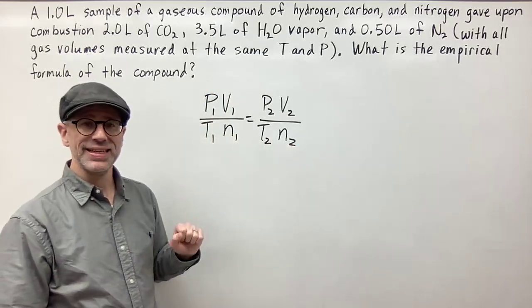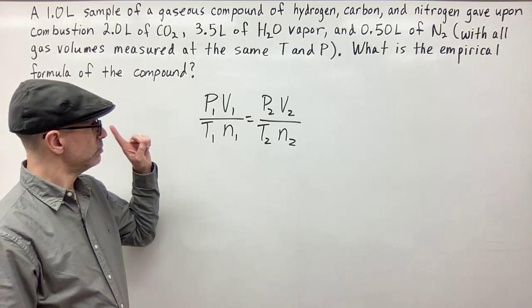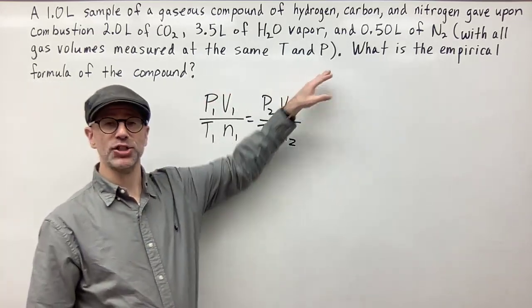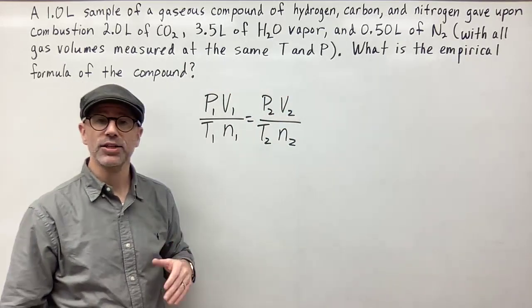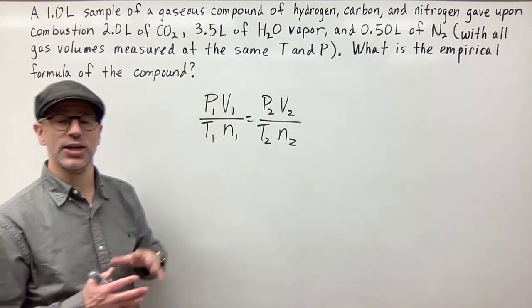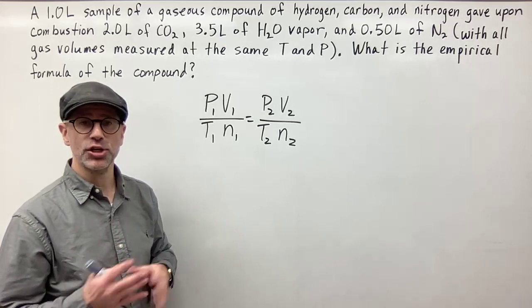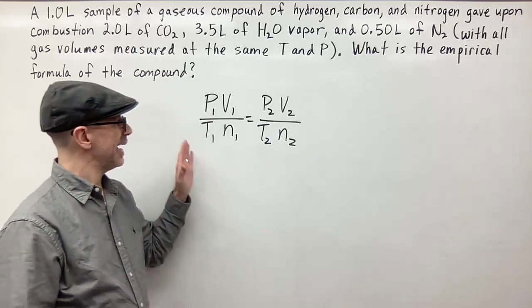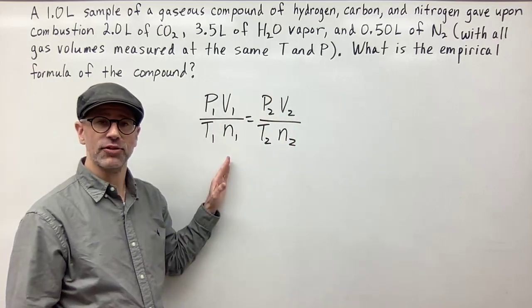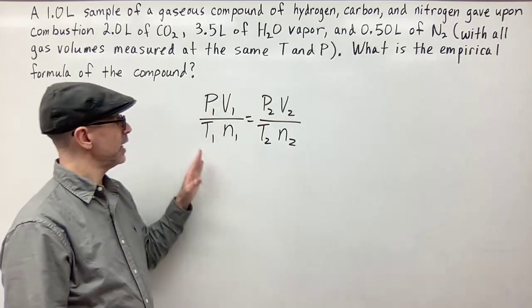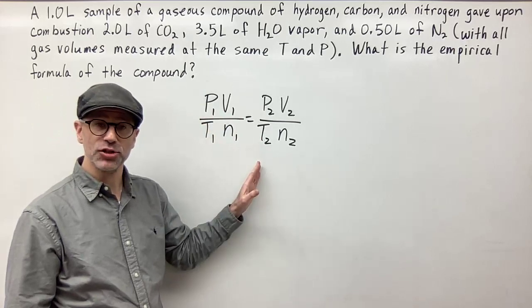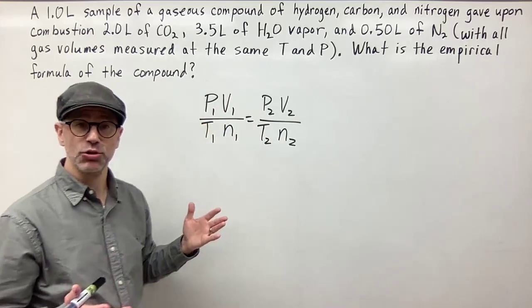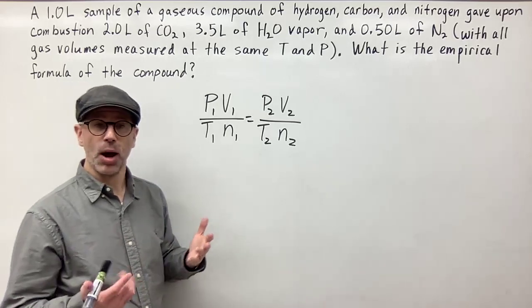In this case, they're telling us that the temperature and pressure are constant, so they are not changing. That's important because anything that's kept constant is eliminated from this equation, and what's left over is the equation that we can use for our gas law problem.